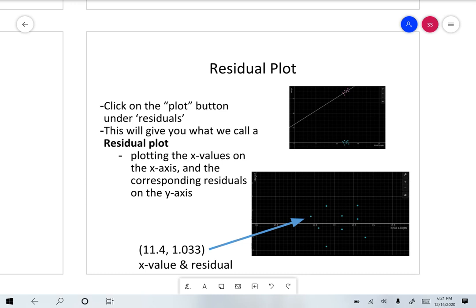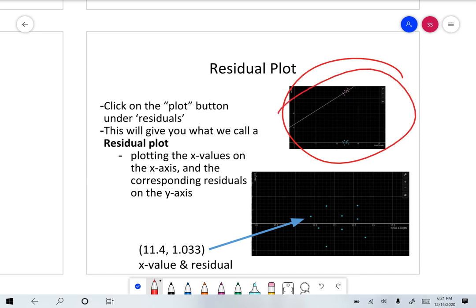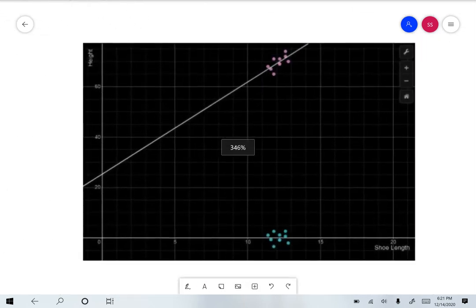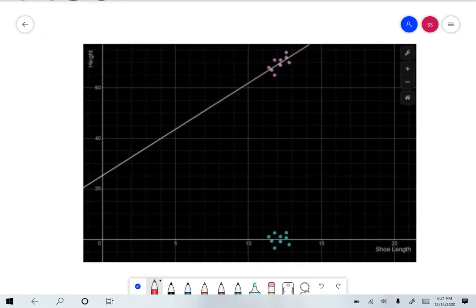Okay. So last time we talked, or I talked at you in the video, we made a plot that looked like this. Let me zoom in a little bit. Maybe you can recall this. We were looking at shoe length and height of, I think, 10 adult males, because I think 2 dots were the exact same.